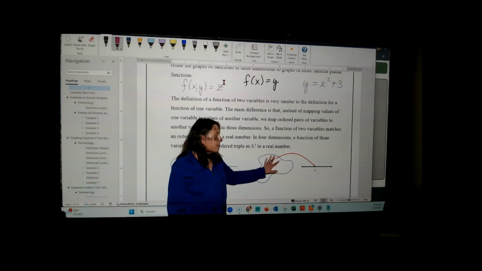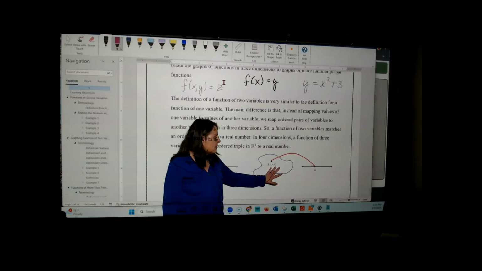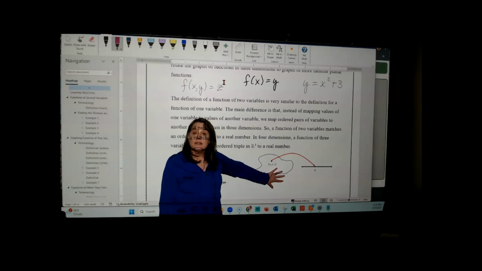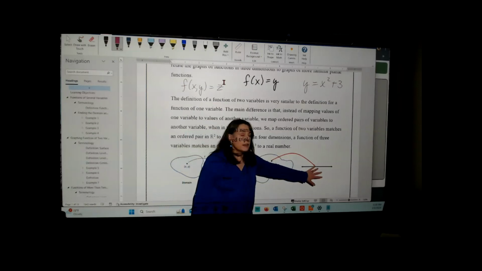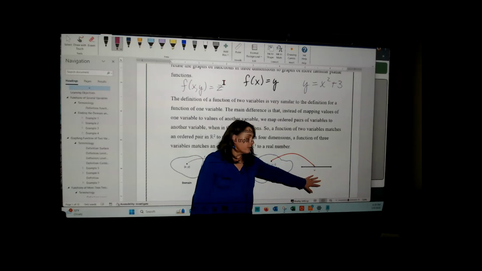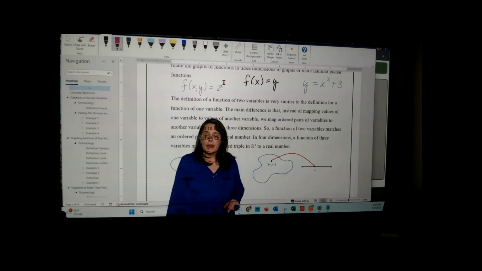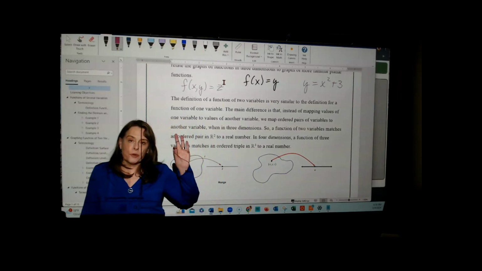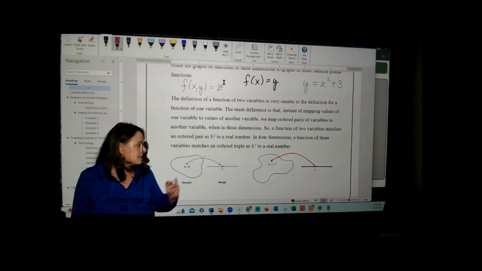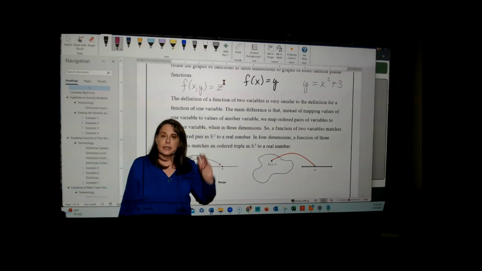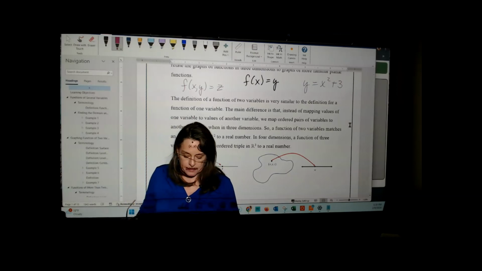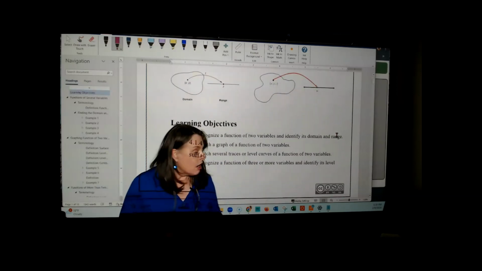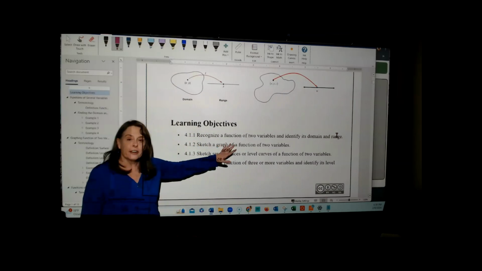Instead, the domain itself is 3-dimensional space, R3. And we're mapping R3 onto some single real value, say w, which is in the range. And this puts us into 4-dimensional space because we have 3 independent variables, say x, y, and z, and one dependent variable, say w.